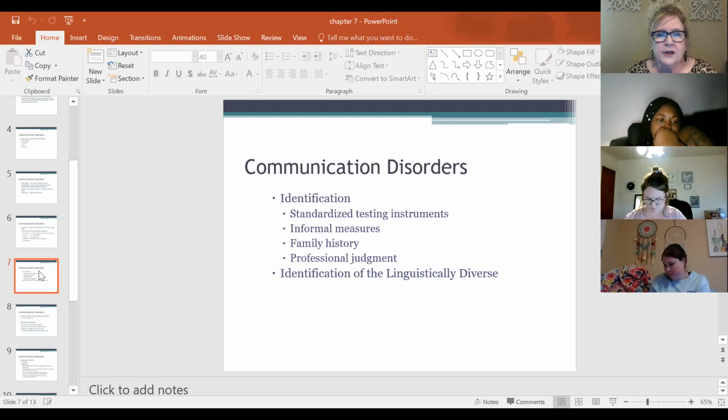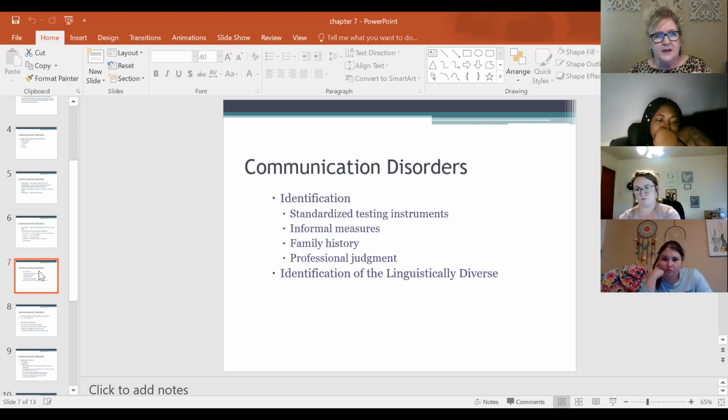Now, we've got a special note here. The last bullet is identification of the linguistically diverse. Now, your book talks about this some. We've got to be careful when trying to identify individuals who are linguistically diverse as speech disordered, because, as your book talks about a little bit in that first chapter and also in this chapter, there have been issues historically with over-identifying kids who don't speak English as having a communication disorder.